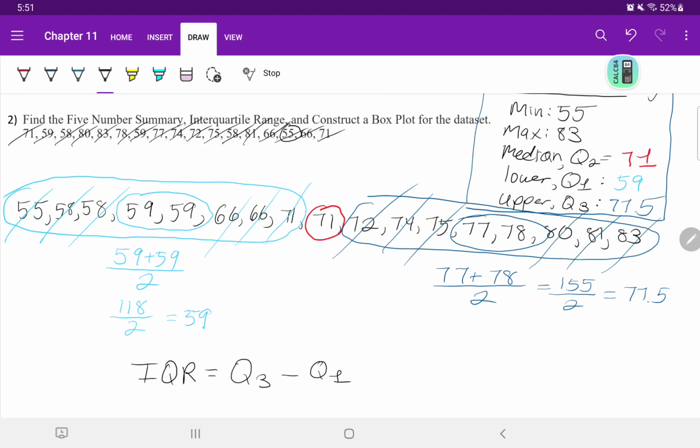Okay. Upper quartile is 77.5 minus the lower quartile, which is quartile 1, that is 59. 77.5 minus 59, that is 18.5. That is the interquartile range.